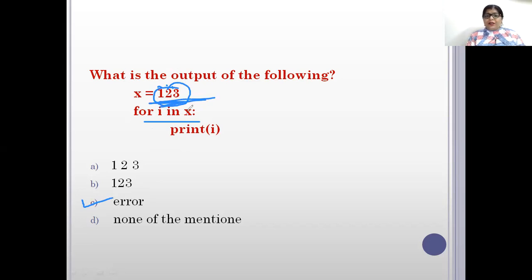This is a single number. We can't iterate it. Iterate means in a for loop, we are iterating it. A for loop is simply an iteration method, meaning we are calling itself again and again until this condition is there. Integer is not like that, so this always produces the error only.